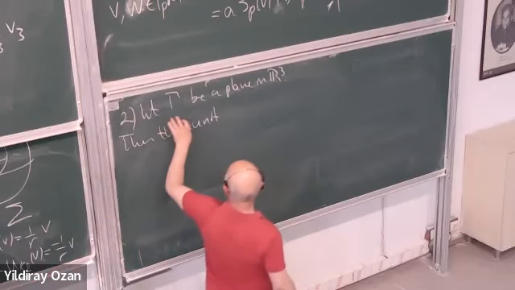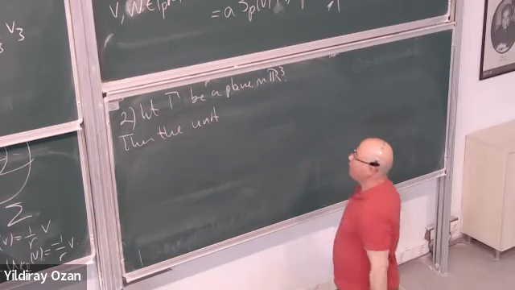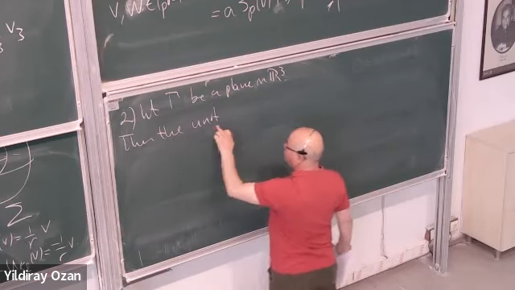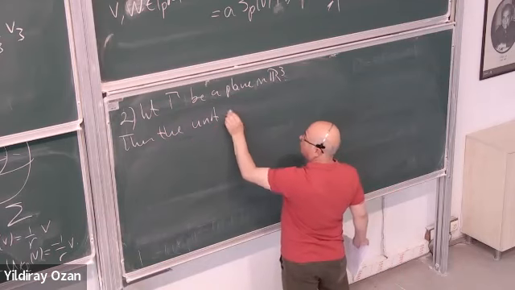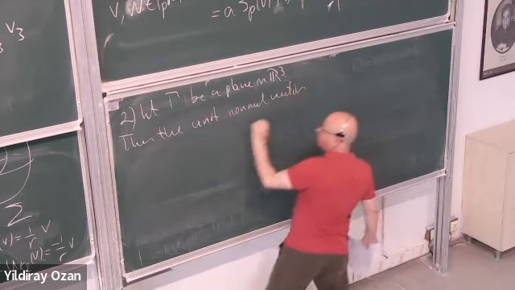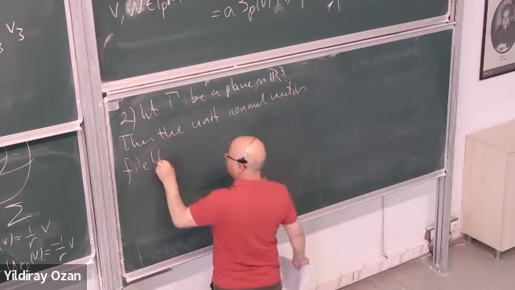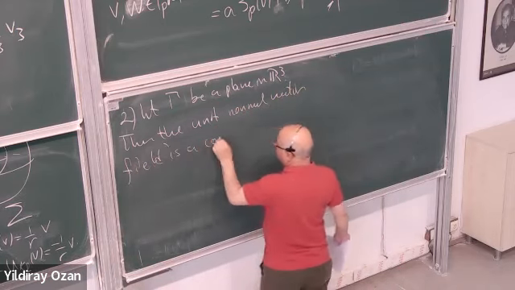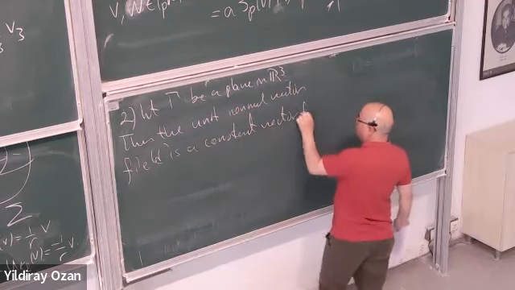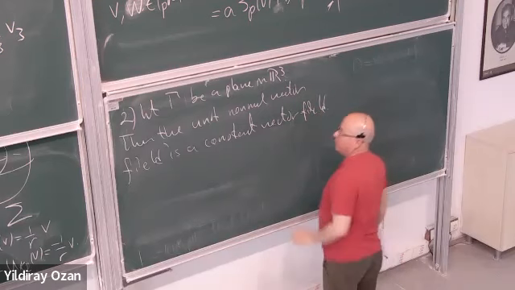Okay, our second example is the plane, a plane in R3. The unit normal vector field is a constant vector field, right?